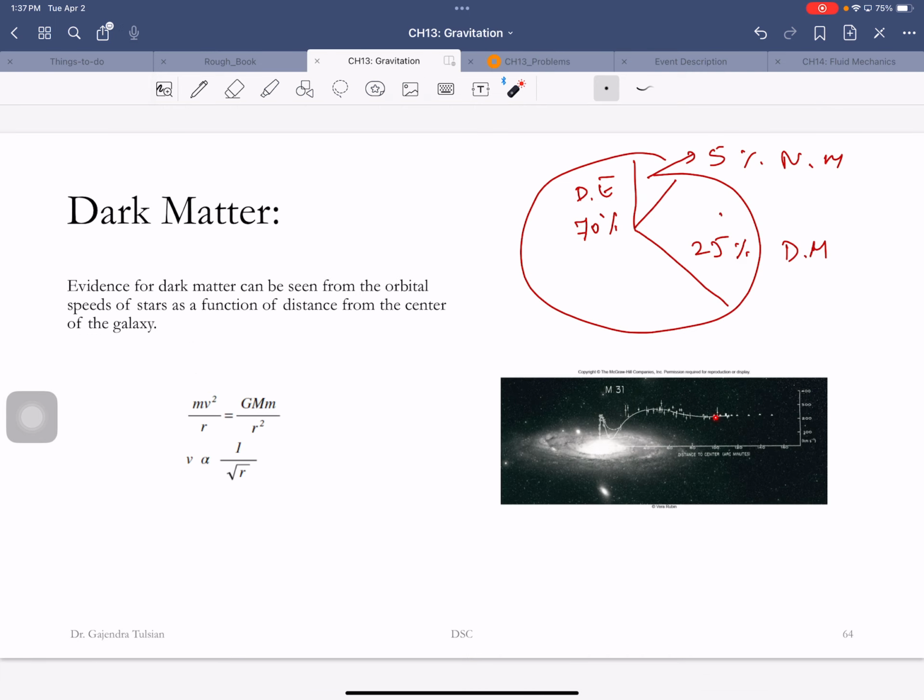This is orbital velocity. So m v squared over r, the centripetal acceleration, equals G M m over r squared. If the mass remains constant, this mass cancels.